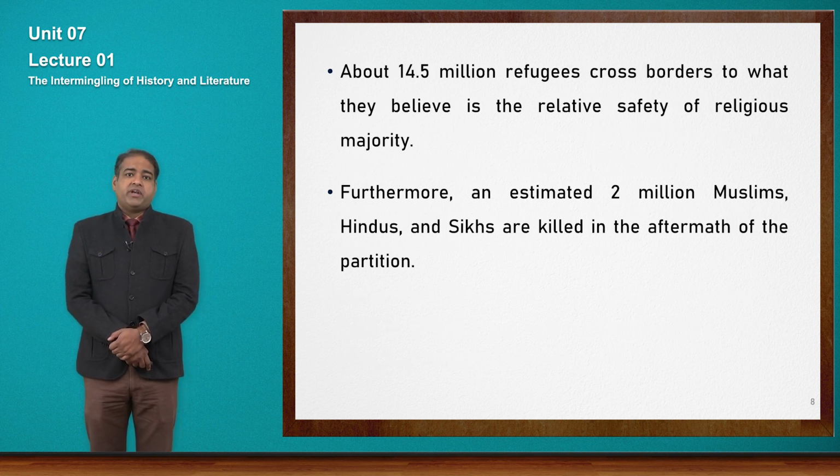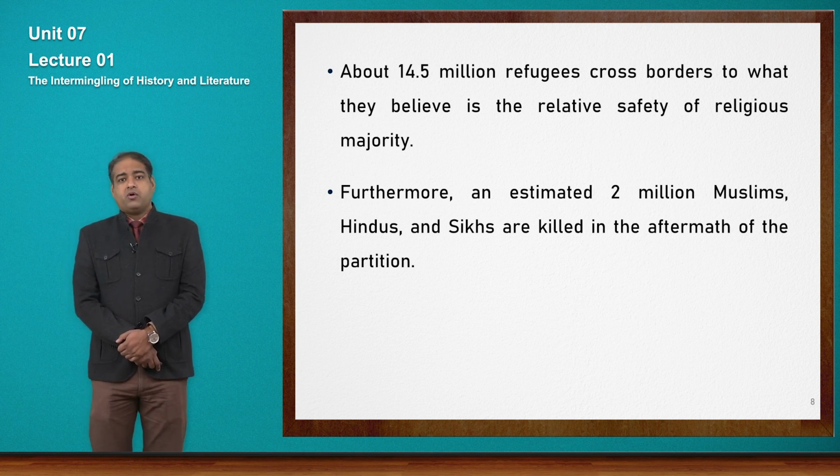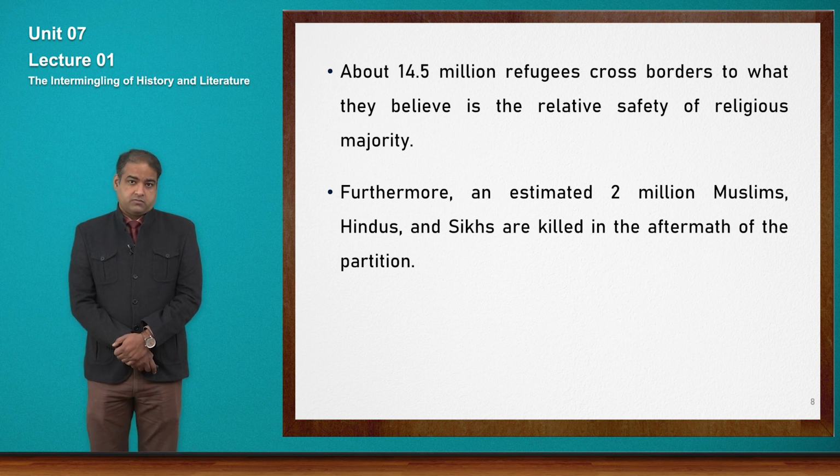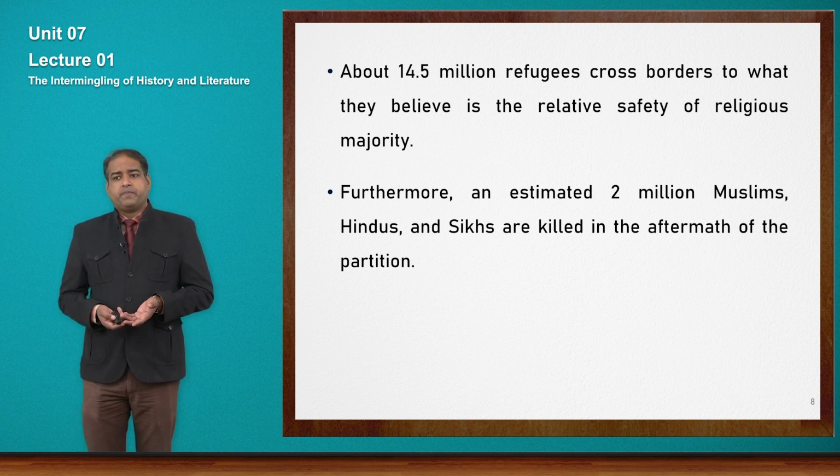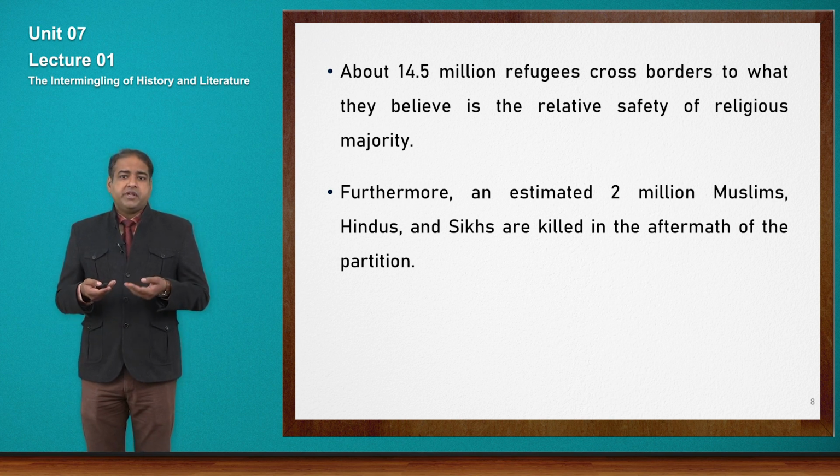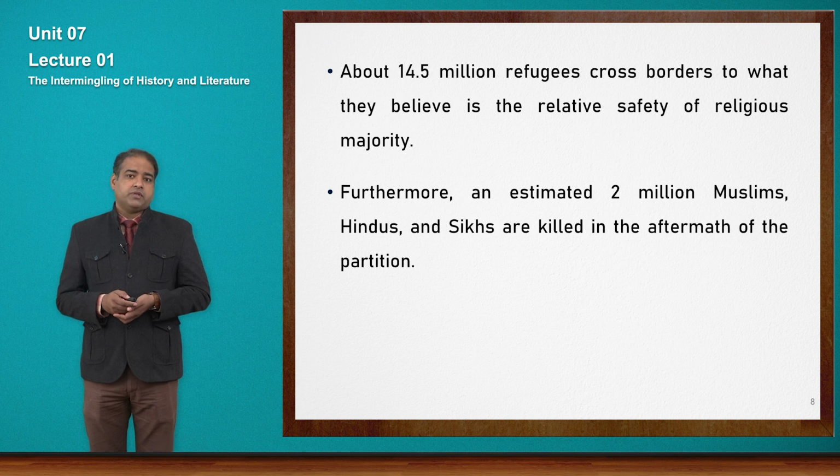About 14.5 million refugees cross the border to what they believe is the relative safety of religious majority. Well, friends, it was just an intuition in the mind of the people that they had the religious majority in another country, so they are safe there.